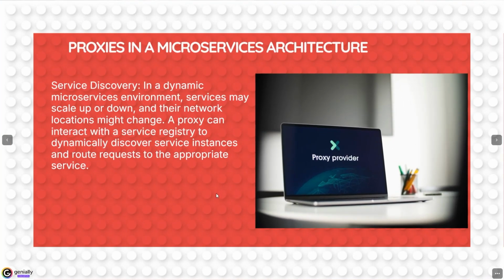One is service discovery. In a dynamic microservices environment, services may scale up or down, and their network locations might change. A proxy can interact with a service registry to dynamically discover service instances and route requests to the appropriate service.